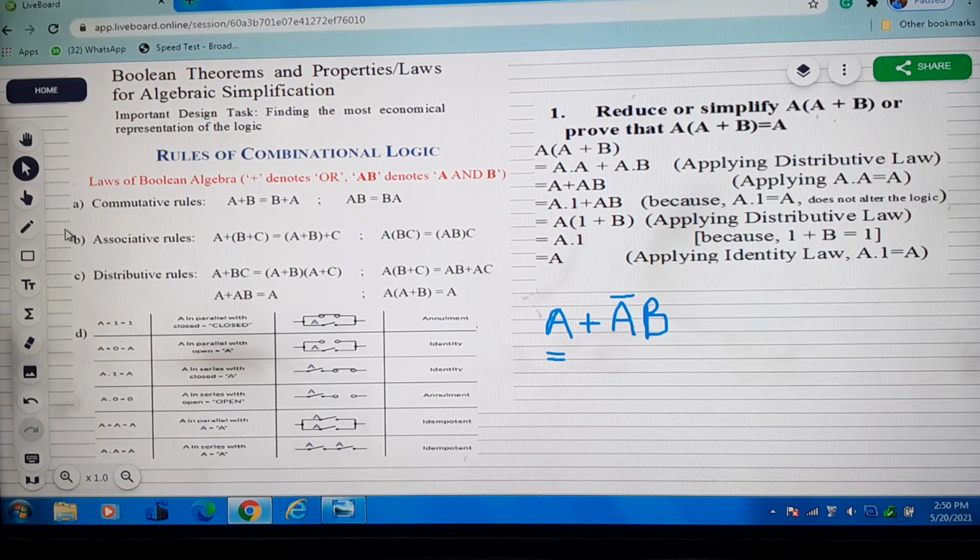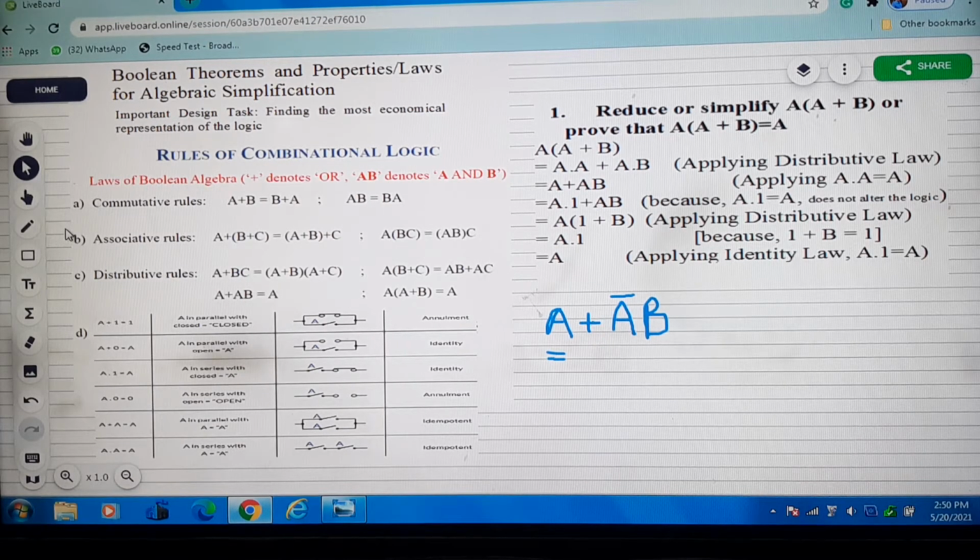Welcome all. In this video, we will continue Boolean theorems and properties for algebraic simplification. As we had earlier discussed, when a Boolean expression is implemented with logic gates, each term requires a gate and each variable within a term defines an input to the gate.